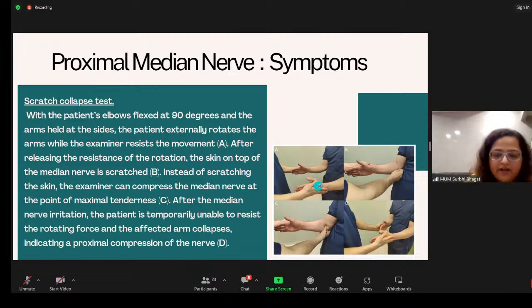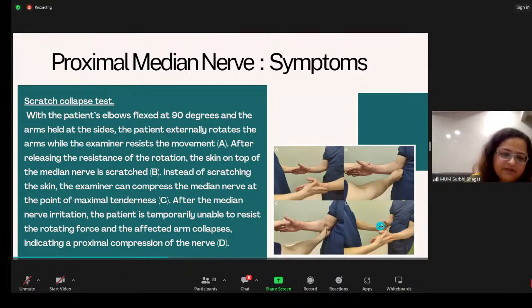After that resistance, you scratch or pinch the median nerve here, and immediately after that do the test again. At the painful area or site of compression in that hand, the rotation against resistance, the arm will collapse. Whereas on the normal side, again against resistance, the arm will not collapse.